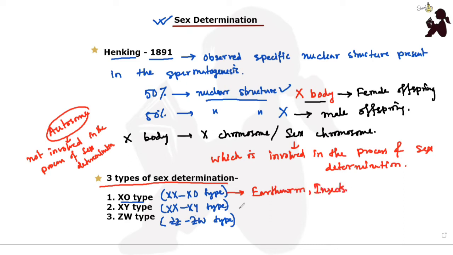Then the XY type of sex determination is seen in Drosophila and in mammals, for example humans. Then we can see the ZW type of sex determination mainly in birds and reptiles.